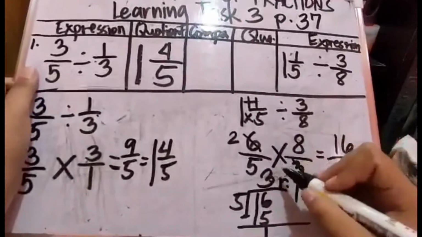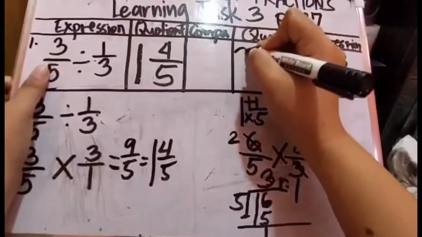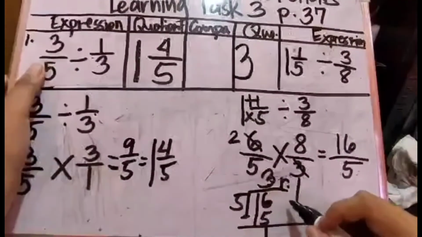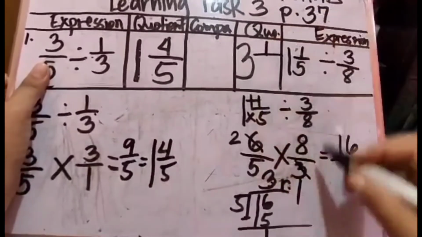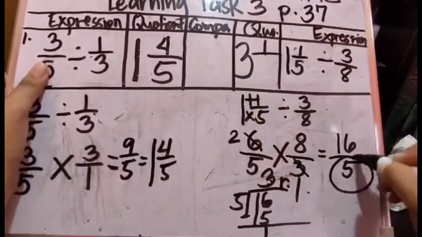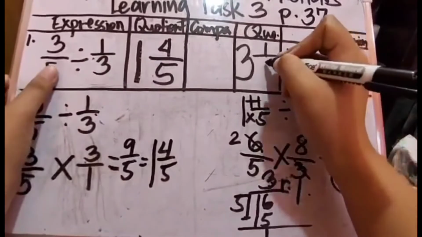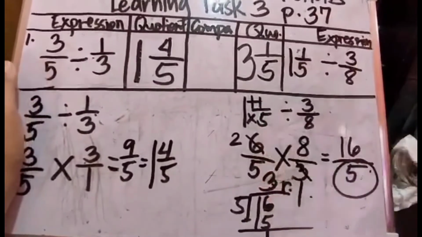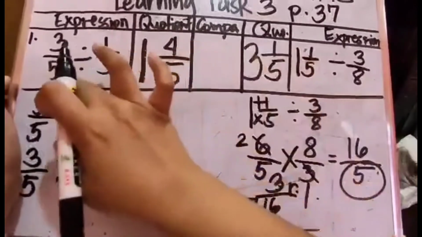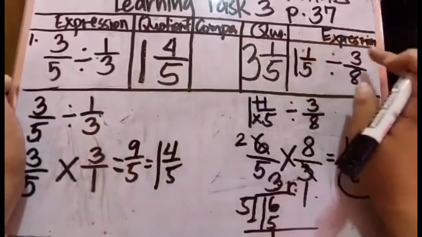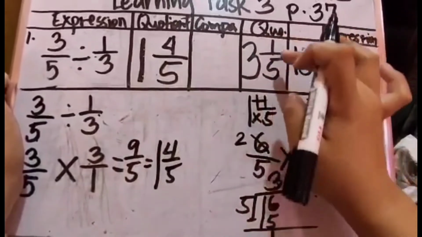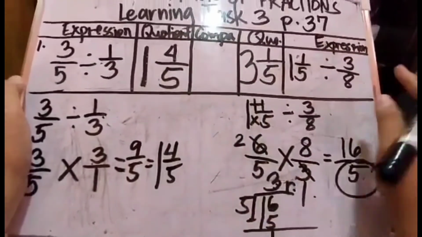Katulad ng process kanina, write the quotient as a whole number and then write the remainder as the numerator and then let's get the denominator of our improper fraction. Okay. So for this side, we have 1 and 4/5 as the quotient. On this side, we have 3 and 1/5. So, which one is bigger?